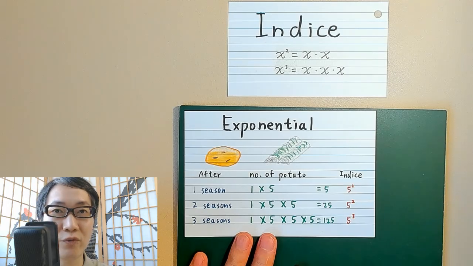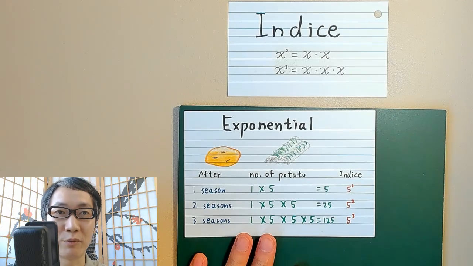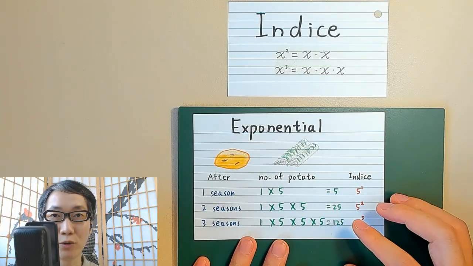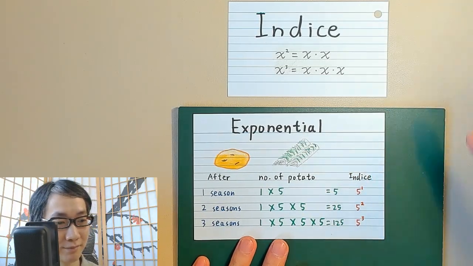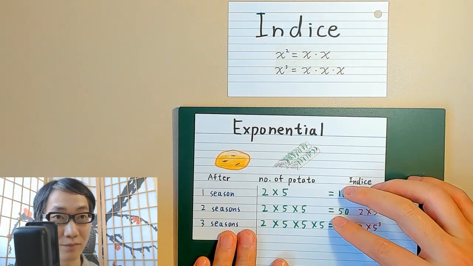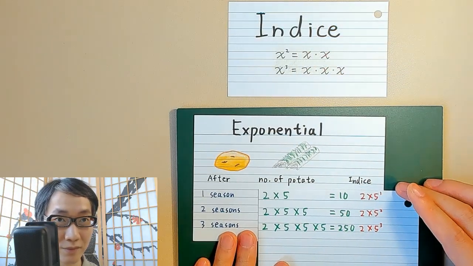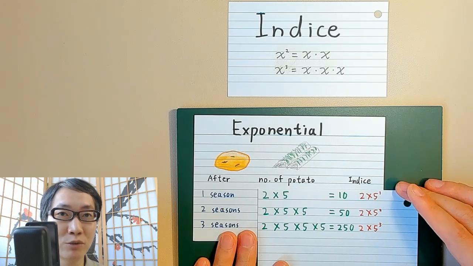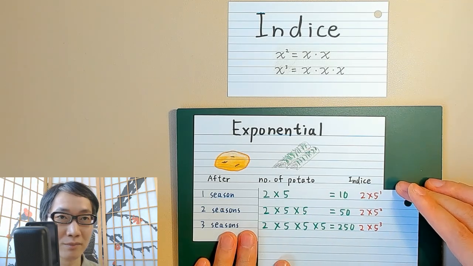What if we buy 2 potatoes at the beginning? Since we are planting, why don't we just start with more? Then we'll get more, right? Let's say we start with 2 potatoes, with the same soil and the same conditions.